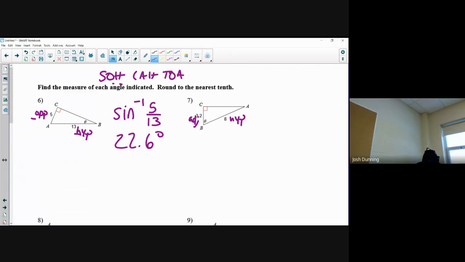Now I have A and H. A and H, C for cosine, but I am looking for the angle. I have to use inverse. And 3.2 over 8.